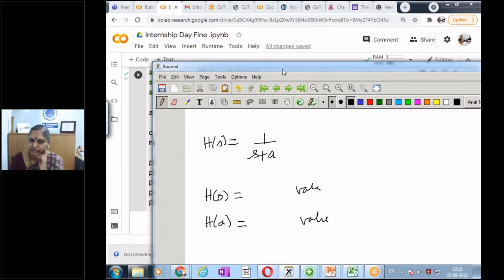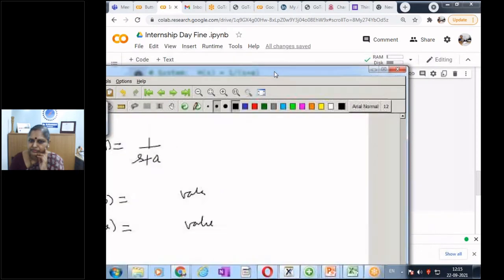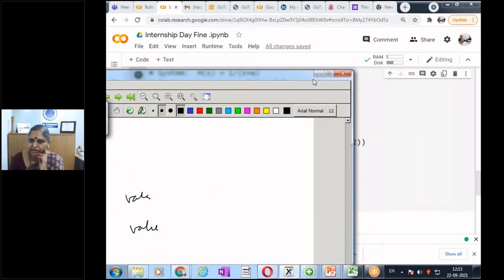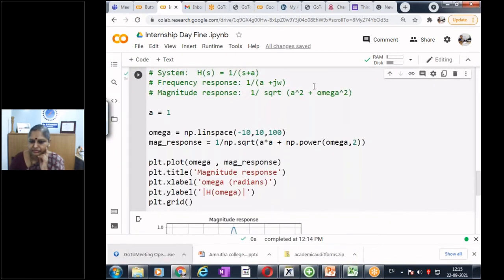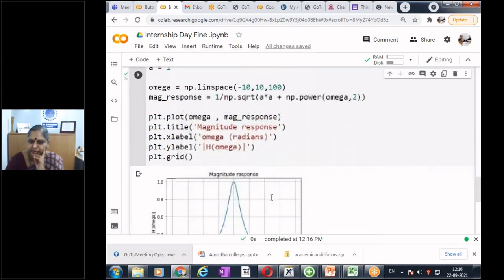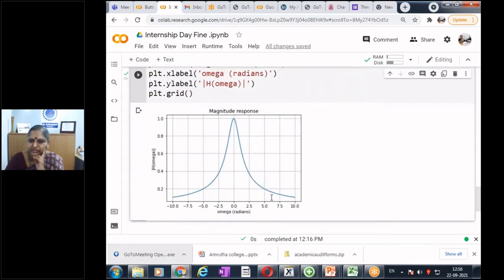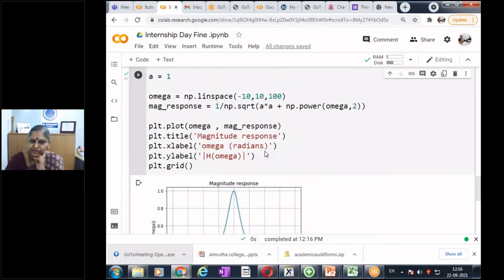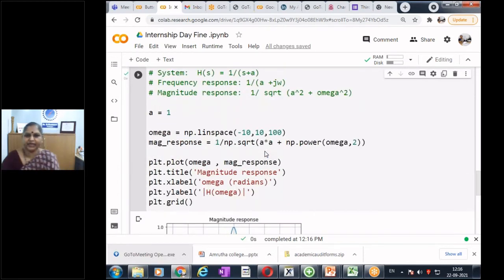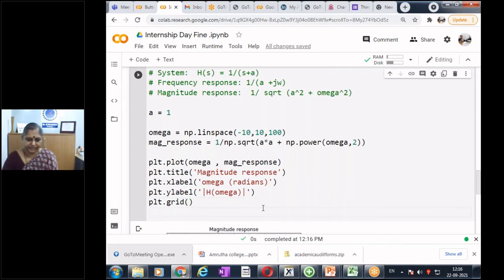From your plot, what is the value? Omega equal to 0, what's the value? What's the value when omega equal to A? You want to type it, you can do a print command. Maybe we'll go to another cell or we'll print it here only.